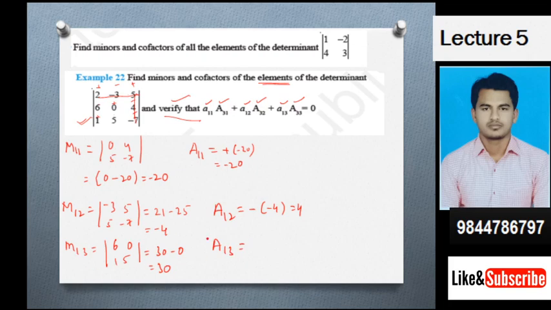A13: 3 plus 1 is 4, an even number, so plus. Minus 1 to the power of 4 is plus. The answer is 30. So the cofactors are minus 20, 4 and 30. Similarly, you can also calculate M21.